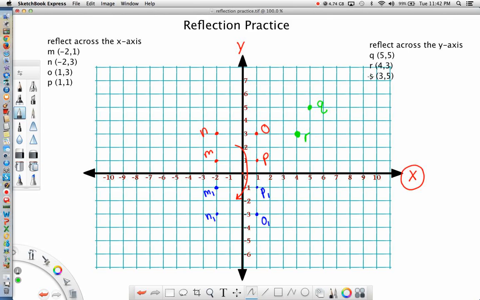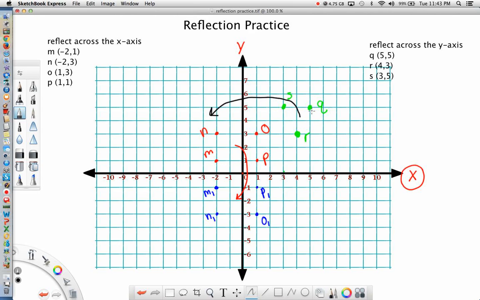And point S is 3 to the right and 5 above, which is right there. That's point S. Okay, and what we're doing is taking these points and we are going to reflect them over the y-axis. The y-axis is this one right here.